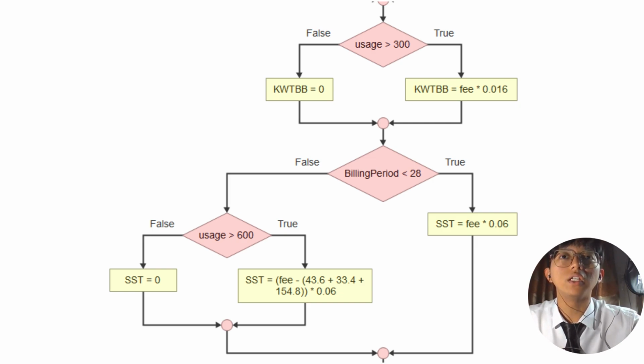Why does the fee need to subtract these three numbers? Because the SST applies to the usage after 600. For usage less than 600, we do not need to charge SST.